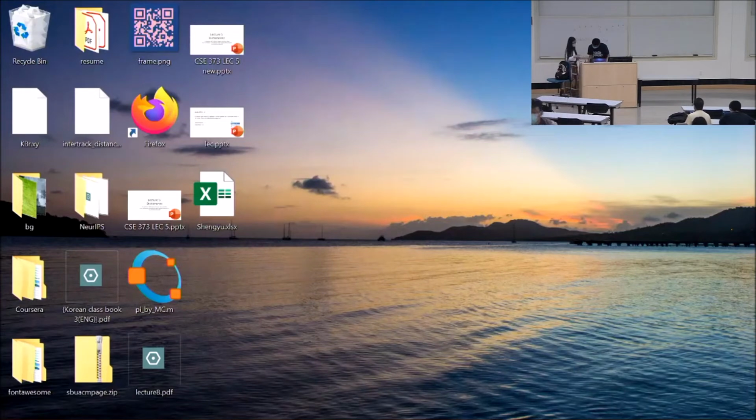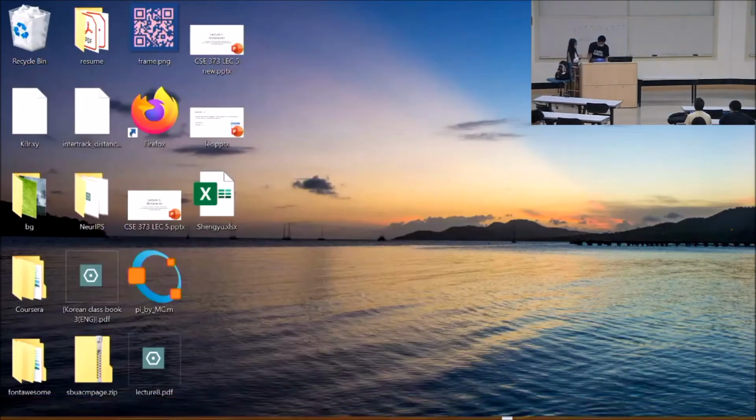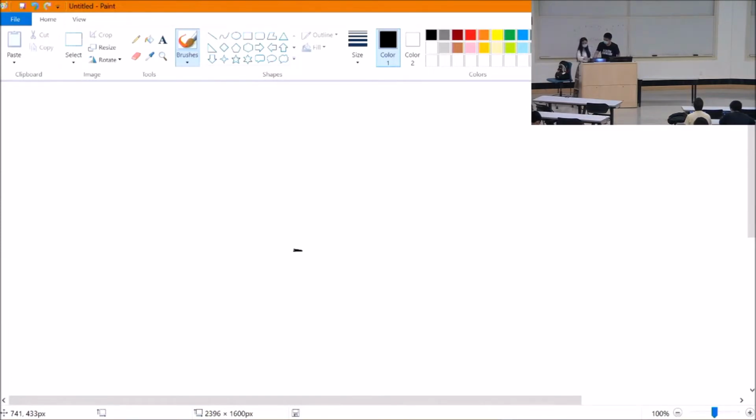This is a PDF drawing. Do you want to draw on the screen? You have to connect your laptop to here in order for this to work. I think I'm using the HDMI.